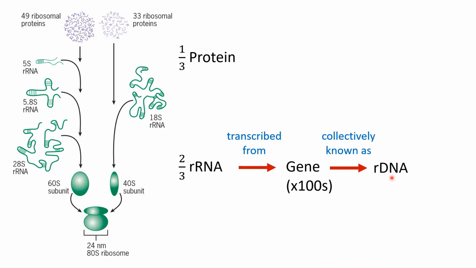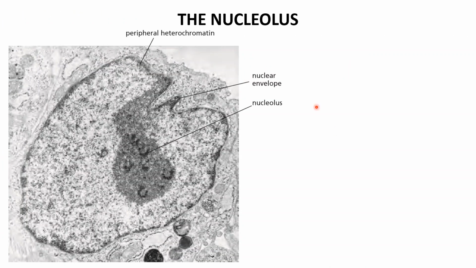So take note, the rRNA gene is also the rDNA. And for the sake of organization, all of these rDNAs are gathered together in the cell in the nucleolus. So that is where the nucleolus comes in.